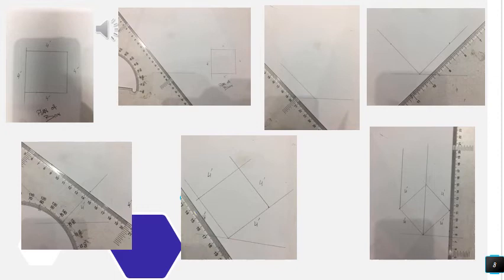We have to put the T square at the base, like we have always put the T, and then we have to set the set square at the 45-degree angle, and then we have to draw the line.